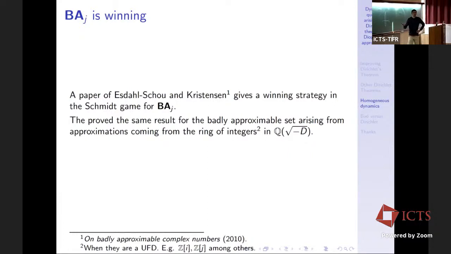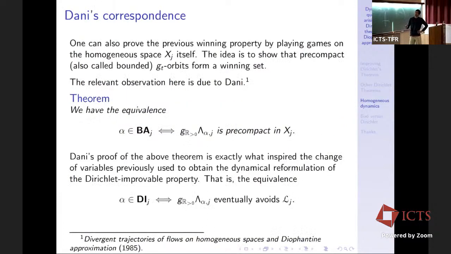So maybe this is a good point to remind ourselves of Dani's correspondence, another version of it. Let me remind you, you again have almost the same proof: alpha is in badly approximable Bj if and only if this forward orbit of lambda alpha j is precompact in X. I'm going to use precompact and bounded interchangeably.